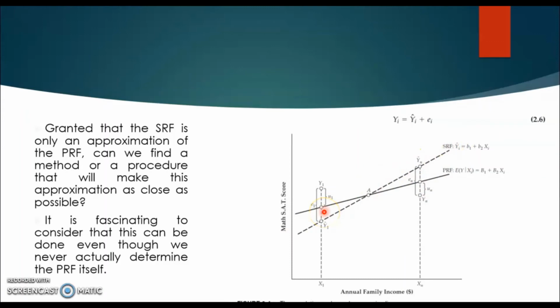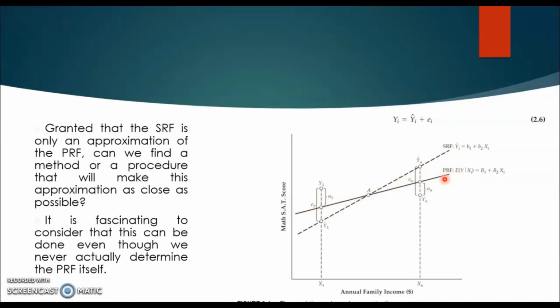So what we're going to do in this chapter is to find a procedure or a method to make the sample regression function as close as possible to the population regression function.